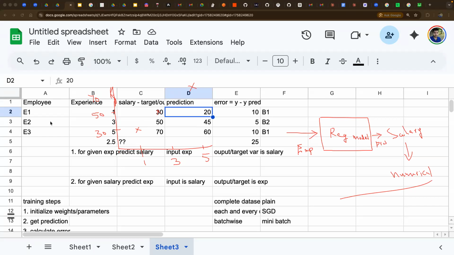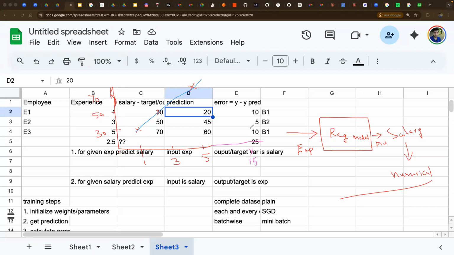So what I can do is draw a line, which is something like this. And for any given unknown input, which was not there in this training data, let us say in future you will have to answer what would be the salary for an experience of 15.